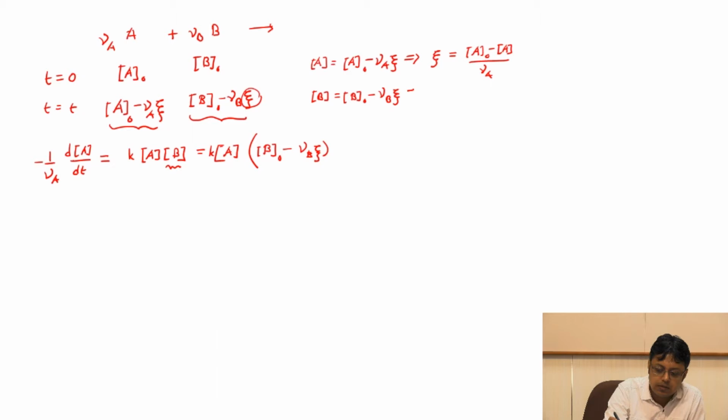And you can ask this question, what is xi here? Xi is nothing but b0 minus b divided by nu b. So you can now equate these two equations and write b in terms of a. So that's what we are going to do, and if you do that, you can easily figure out, skipping the steps, that it will be nu b divided by nu a times a0 minus a.